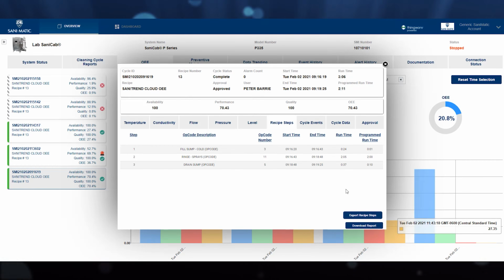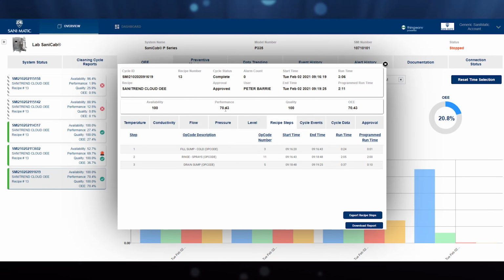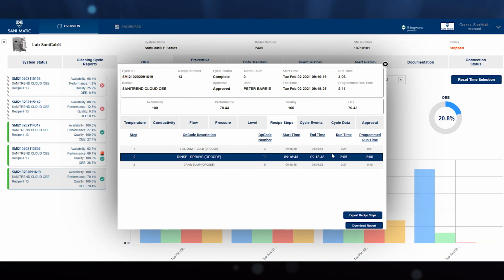So this is where I mentioned that if you look at our actual fill sump, we took 24 seconds to fill, even though we're programmed to just be at 1 second. And the reason we do this is this allows for variability in fill times. So we do that to be as fast as we can, but just makes our performance score what it is. Our rinse, we rinsed for about 2 minutes. We programmed for 2 minutes, just a couple extra seconds for some of the events that happen when you start and stop.